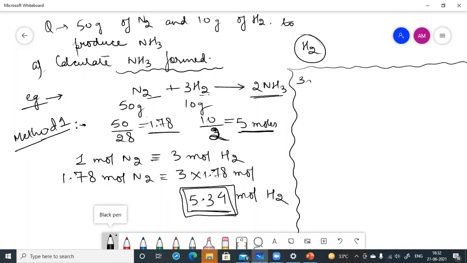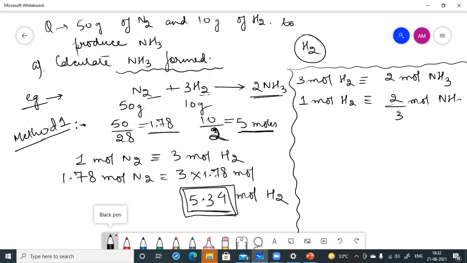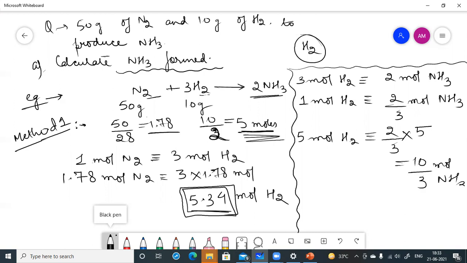If 3 moles of hydrogen forms 2 moles of ammonia, then 1 mole of hydrogen will form how much ammonia? 2/3. यही करते थे ना यूनिटरी मेथड में बचपन में। Then 5 moles of hydrogen will form, क्योंकि हमको 5 moles दे रखे हैं यहाँ पे, 5 moles will form how much? 2/3 into 5. So this will be 10/3. So this is the moles of ammonia formed.